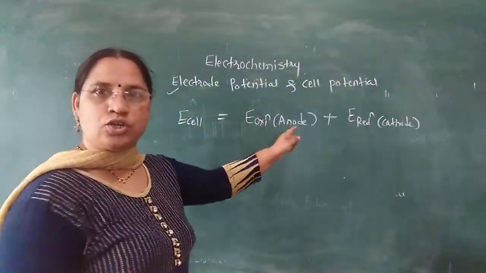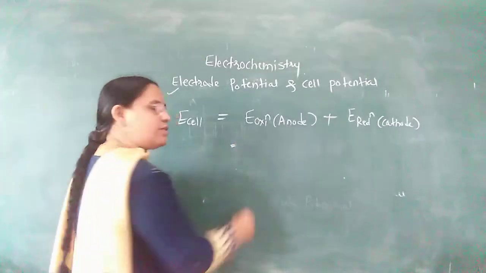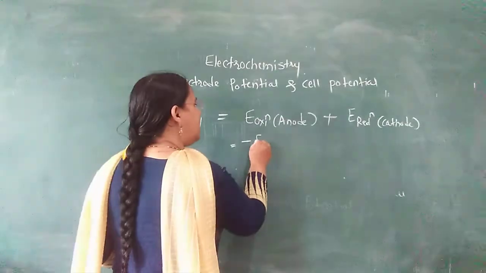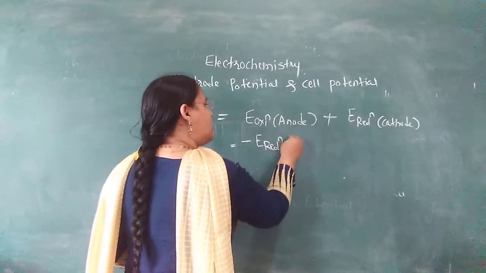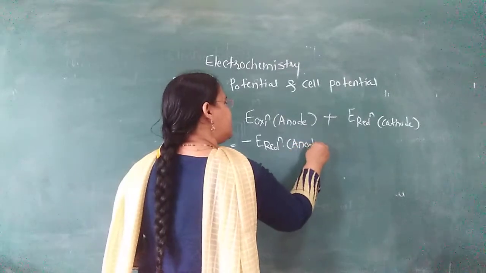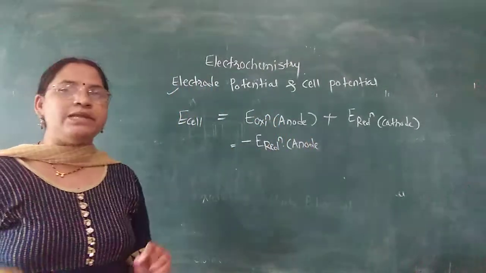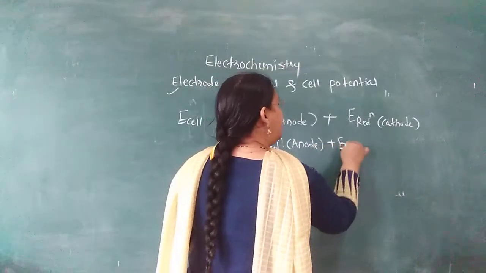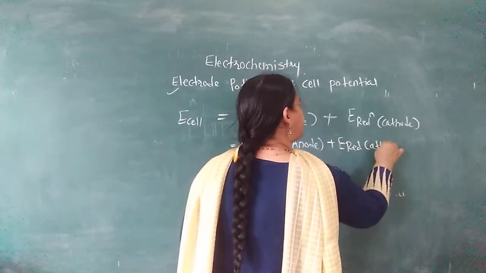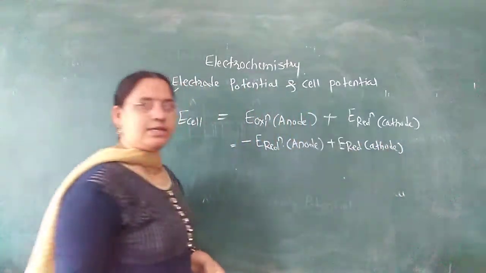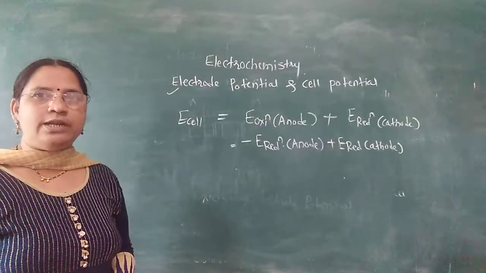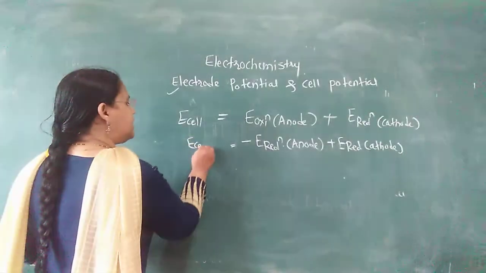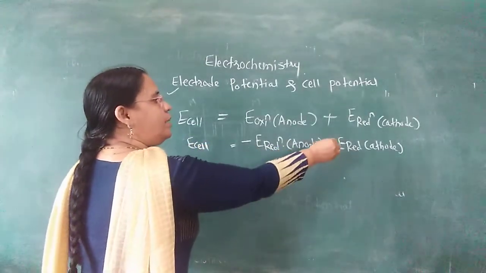To convert E oxidation of the anode to the reduction form, we change the sign: E oxidation of anode means minus E reduction at anode. So E cell is minus E reduction at anode plus E reduction at cathode. According to IUPAC, we measure the cell potential in terms of reduction electrode potential values.